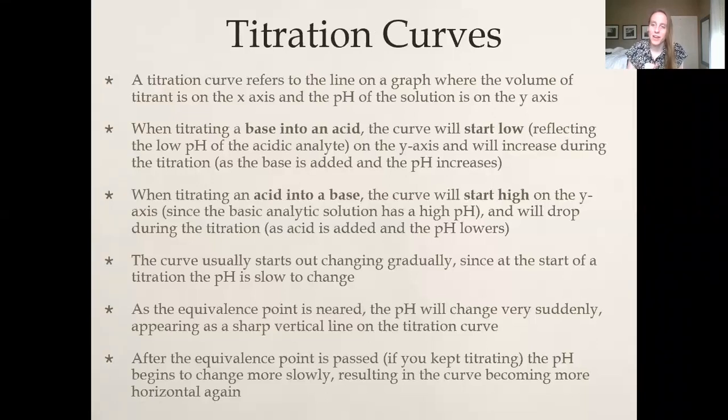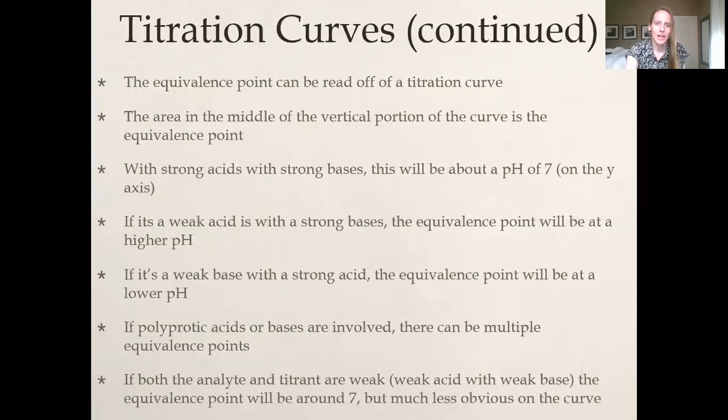And right in the middle of that vertical line is where you find your equivalence point. So you can read the equivalence point right off the titration graph just by finding the middle of that vertical portion and then going over to the y-axis to read the pH off of that.